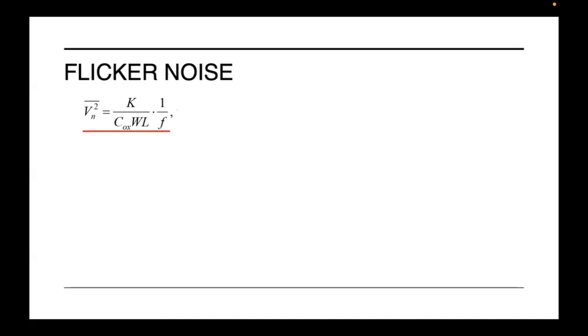Maybe I will make a separate video to go deeply into the MOS, metal oxide semiconductor structure, and the error associated with the interface between the semiconductor, oxide, and metal.